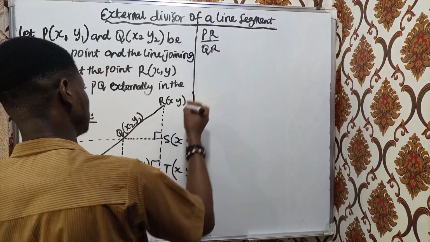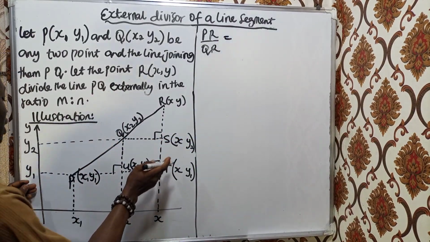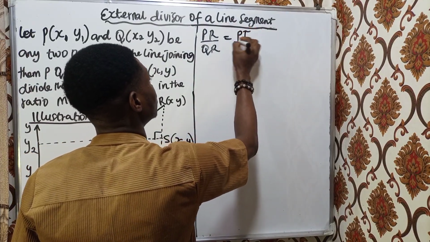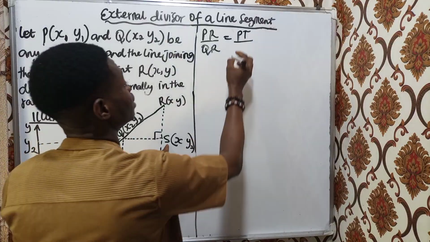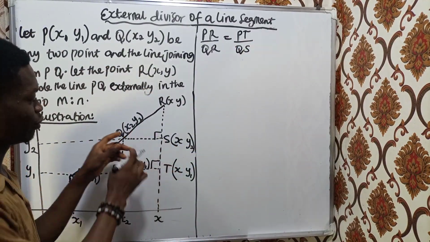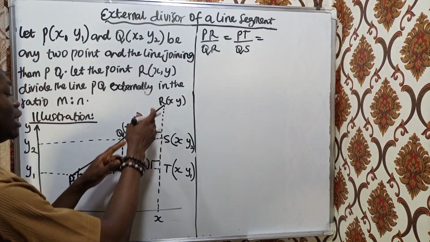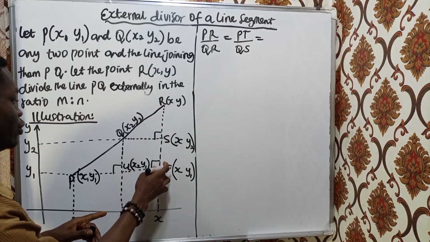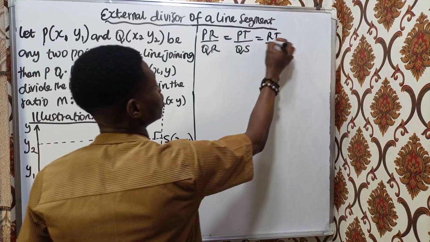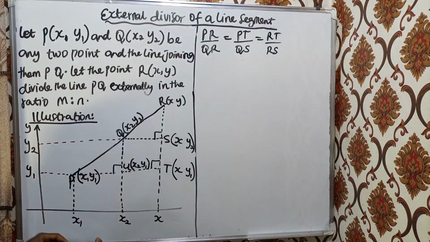So this is equal to, now we consider the horizontal one, PT all over QS, the horizontal side for QRS. Which is also equal to, we consider the vertical side, so we have RT all over RS. Remember, they told us that this is divided in the ratio of m is to n.